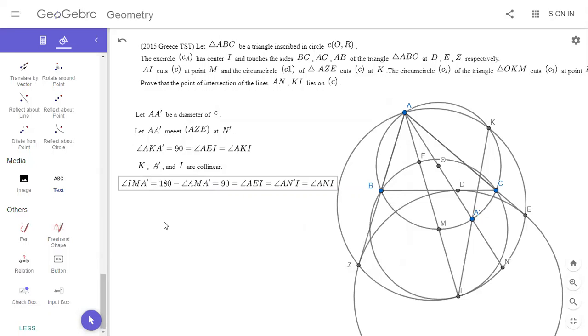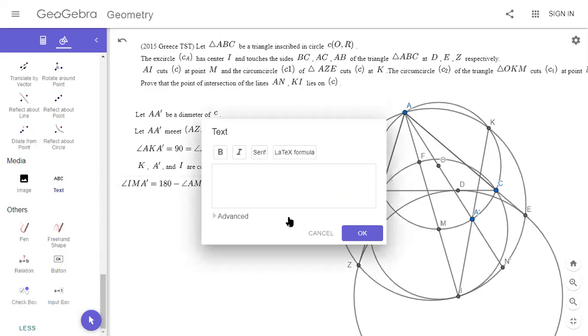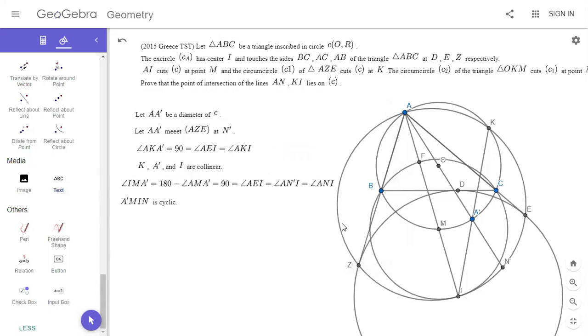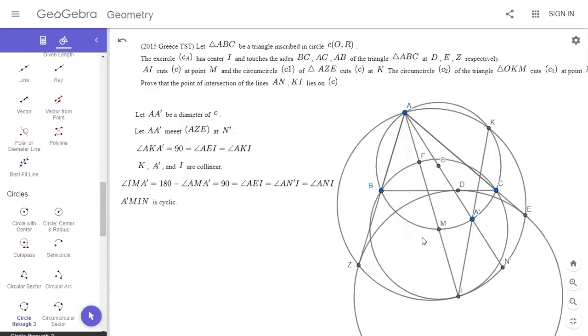So A prime MIN is cyclic. So we can draw that circle. And now we can do an angle chase. So we want to show K, O, M, and N prime are cyclic.